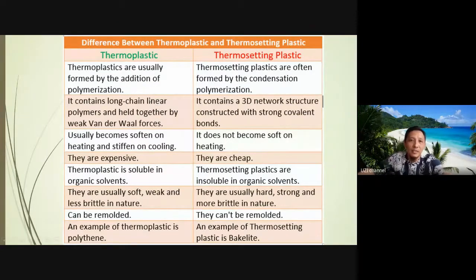Okay, this is the difference between thermoplastic and thermoset polymer. For example, thermoplastic can be formed by addition polymerization, but thermoset is often formed by condensation polymerization. And about the chain structure, normally thermoplastic is a long-chain linear polymer held together by weak van der Waals forces.